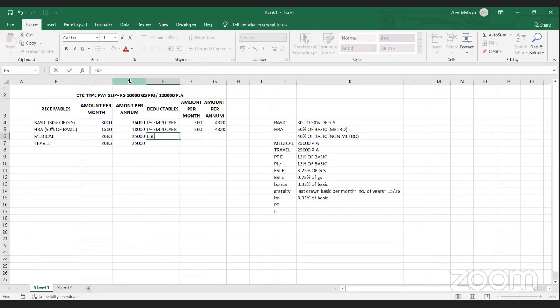Okay, so then you have ESI employee, which is 0.75% of gross salary, right? So 10,000 rupees into 0.75. So 75 rupees, this into 12.